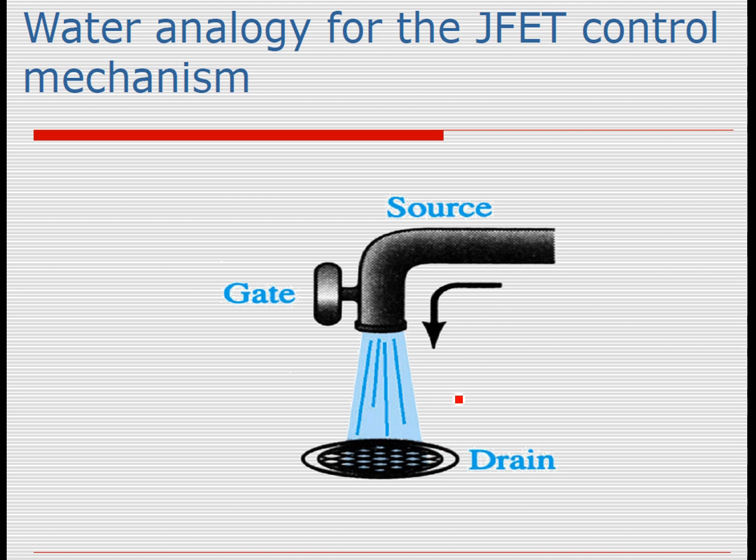If we can control the flow of water by adjusting the wall, we can compare the JFET by assigning the source terminal as the water source, the gate as the wall, and the drain as the physical drain. That means just by using this wall, we can control the flow of water. Same thing in the JFET: by controlling the gate voltage, we can control the flow of current through the channel.